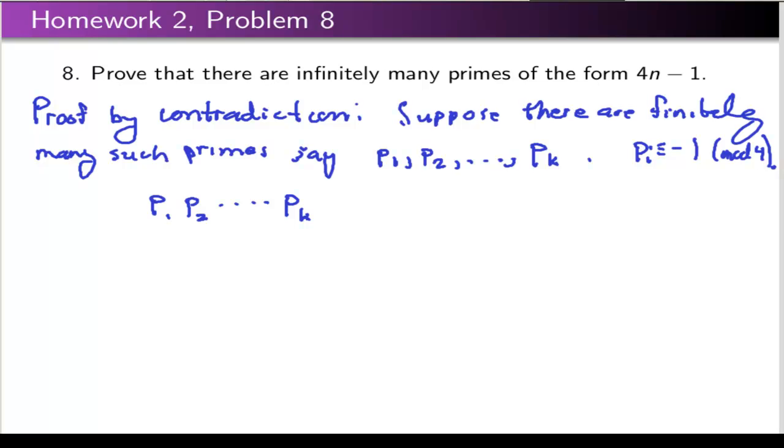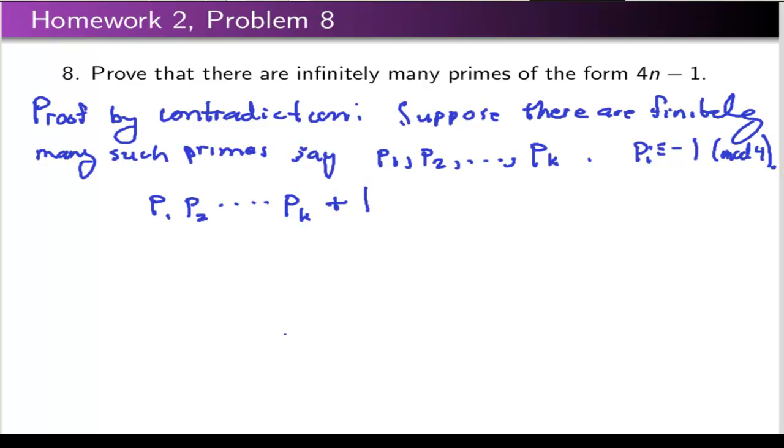would I be able to say that it's divisible by some prime congruent to -1 mod 4? So that's the problem. If we add 1, I can say it's got to be divisible by some prime other than these, but I can't tell you what its value is mod 4.